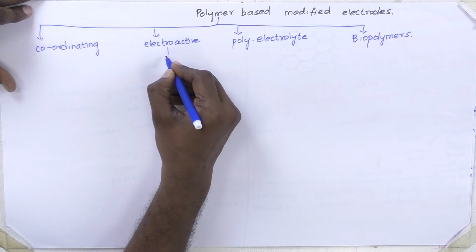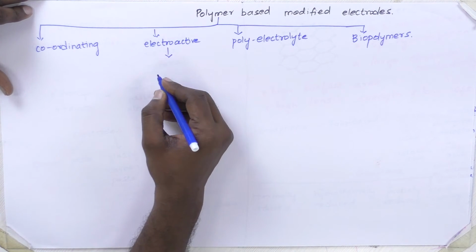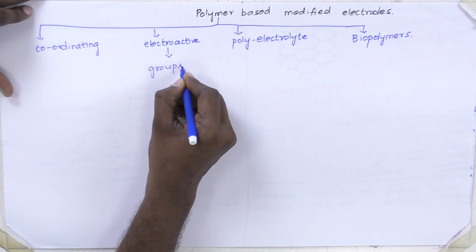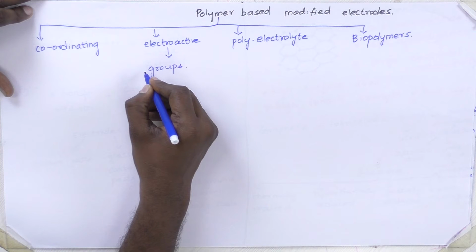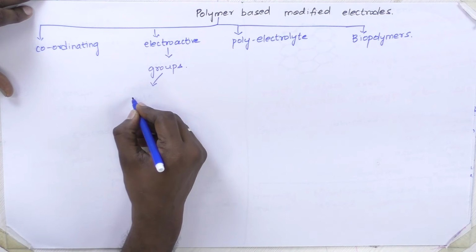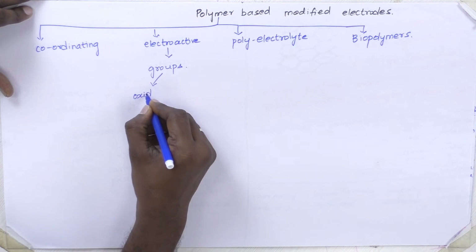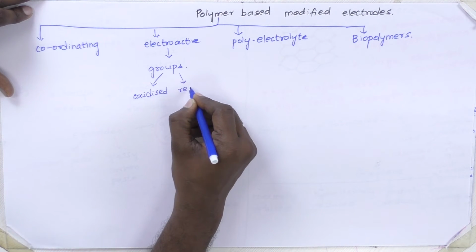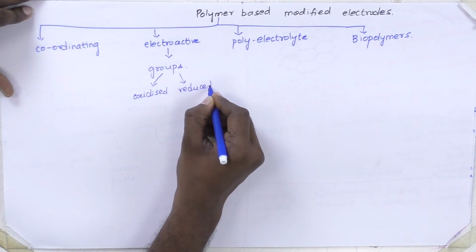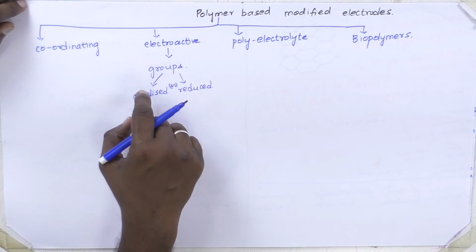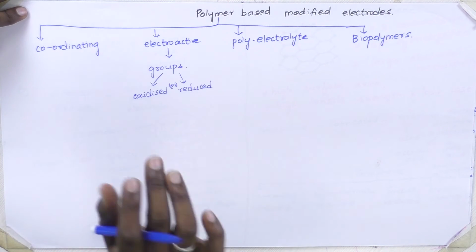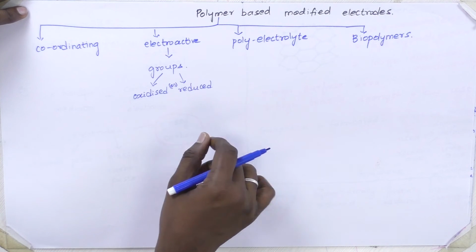This electroactive polymer consists of groups which can be either oxidized or reduced. By this oxidation or reduction reaction, the electrode senses the chemical substance present in the given sample.